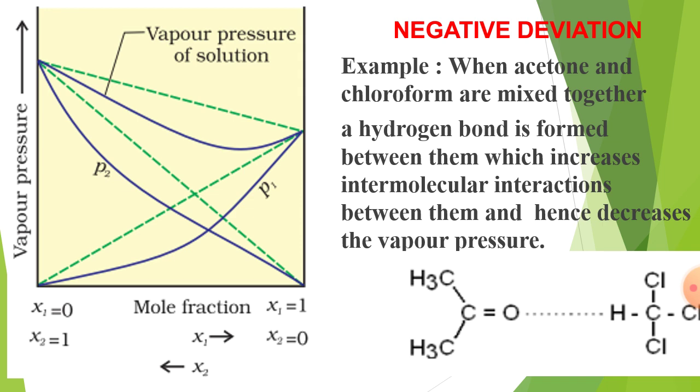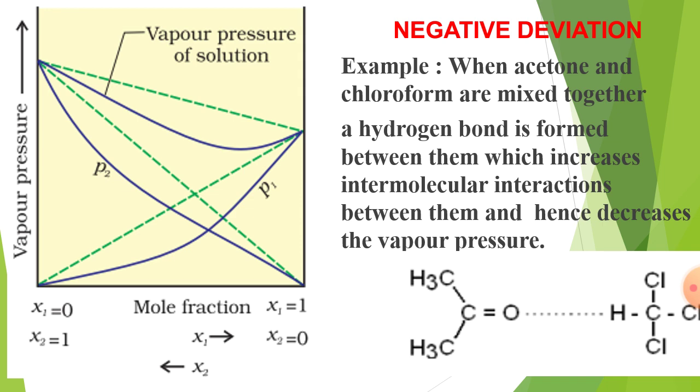The O of acetone is joined by H bonding with the H of chloroform. Before that, both have dipole-dipole interactions, but after mixing, one new force is generated which is stronger than dipole-dipole interaction, that is H bonding.